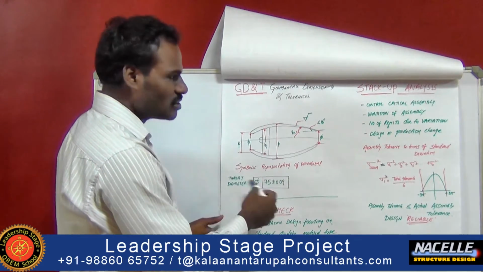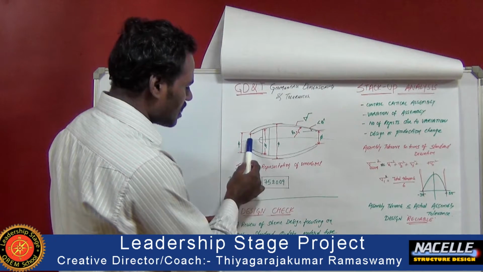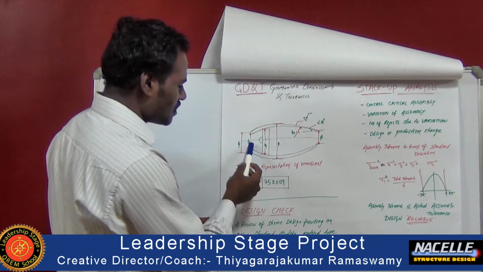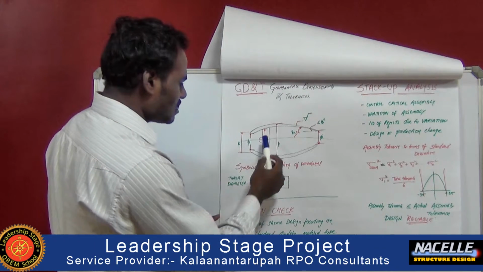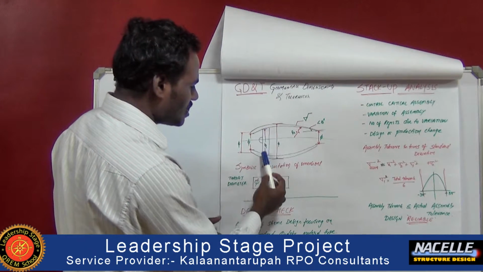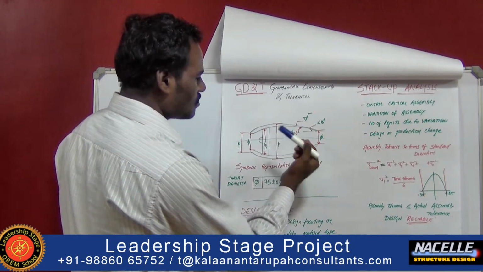Some of the symbols have been used with respect to the nozzle. Here the throat diameter is shown with a symbol, whereas the fan diameter is represented using a symbol, and the radius of the nacelle is represented using RA.